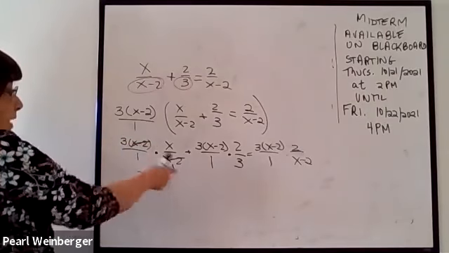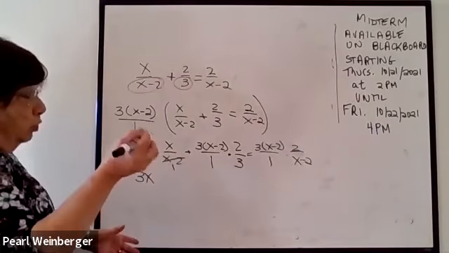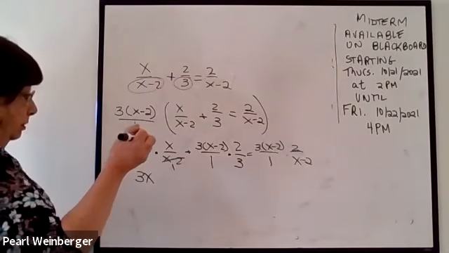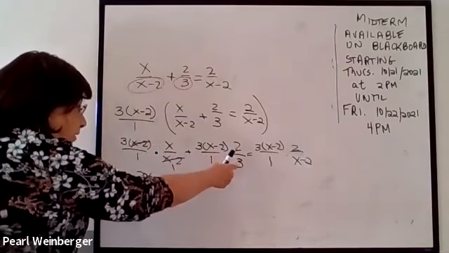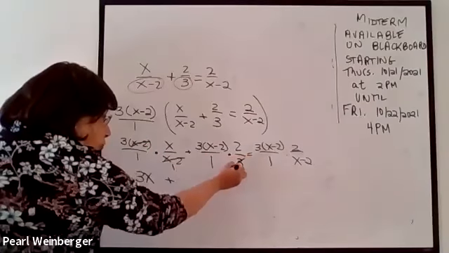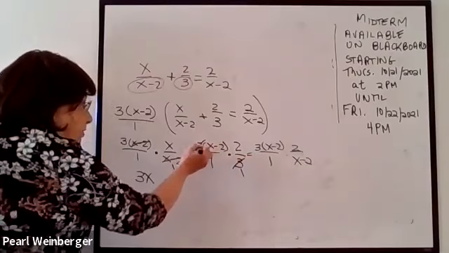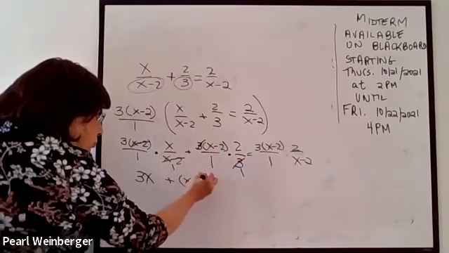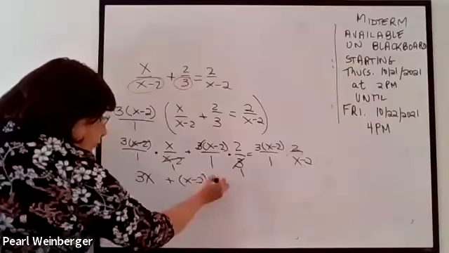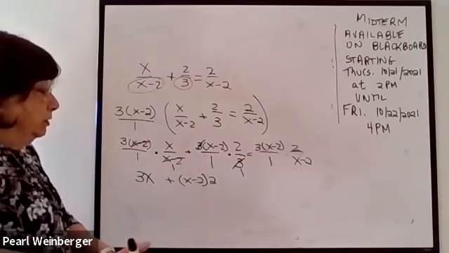Now 3x, the denominator is obviously 1, so I don't have to put it in. Going on to my next fraction, here the 3 cancels out with this 3, and I end up with the x minus 2 times 2. We could put the 2 in front.